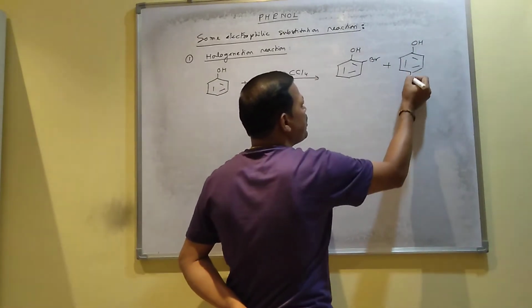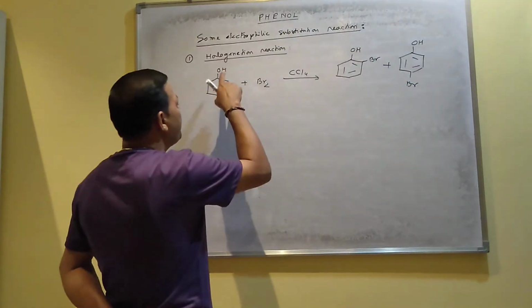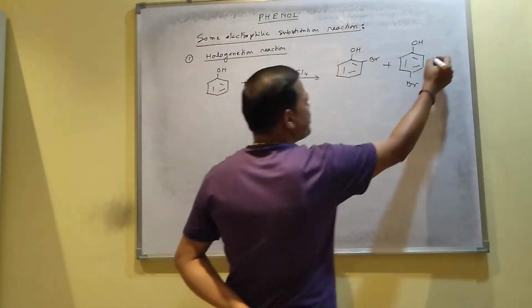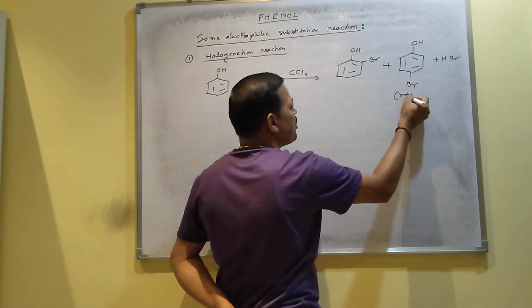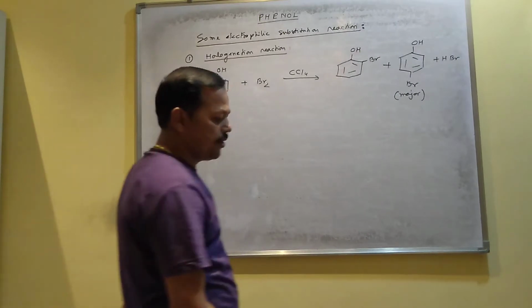This is OH, here bromine, and the side product will be hydrogen combined with another bromine, so the side product will be HBr. Since para is stable, that's why para is the major product here.